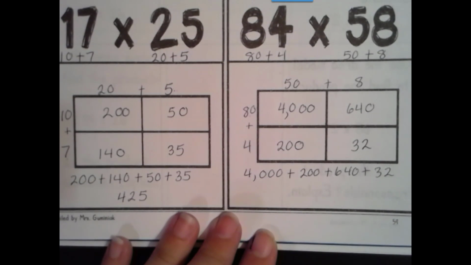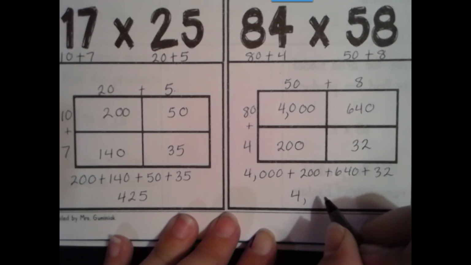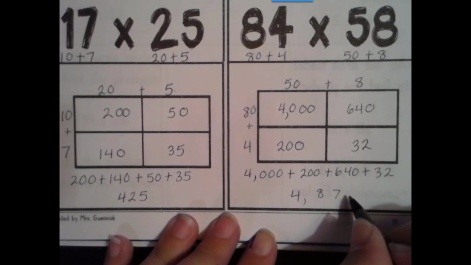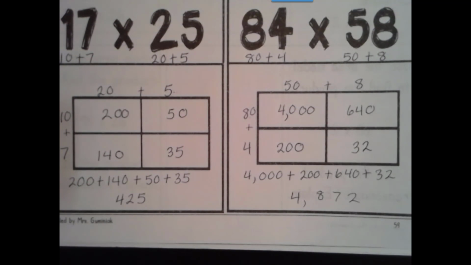And when we add those together, we get 4,872. All right, now it's time to do part 2 with our 3-column notes.